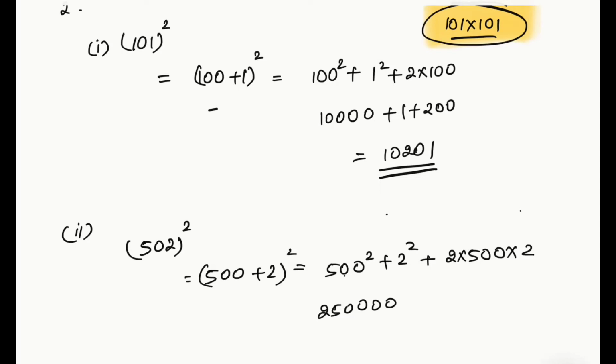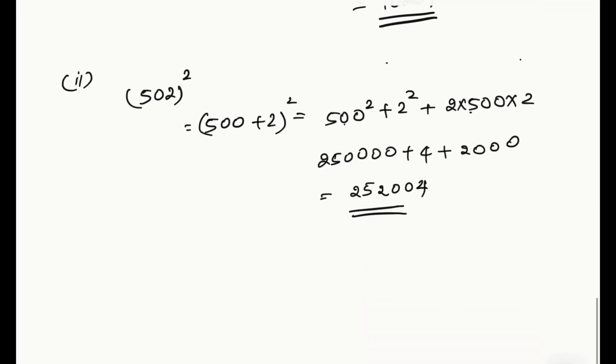So 2,50,000 plus 4 plus 2 into 500 is 1,000, 1,000 into 2 is 2,000. So my answer will be 2,52,004. Hope it's clear.